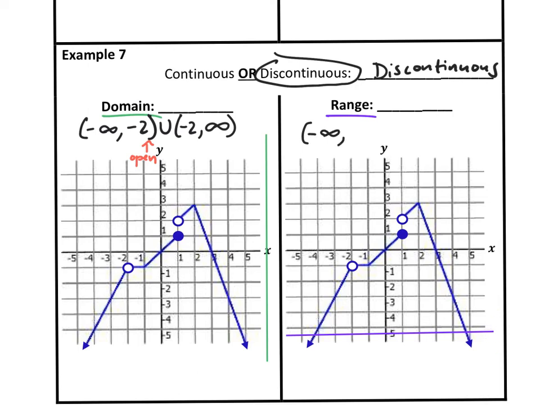And then we're going to keep scanning, scanning, scanning, scanning. Oh, what happens here? Well, there's a hole, but I still hit the graph. So the graph still exists at y equals -1. So it still exists because I'm hitting the graph here.